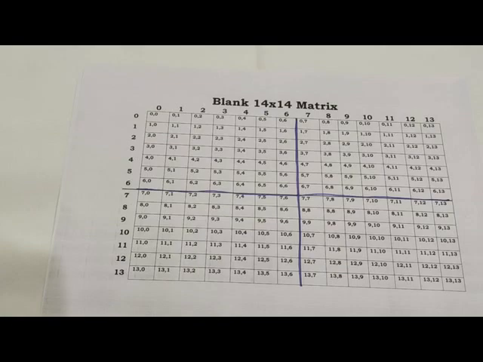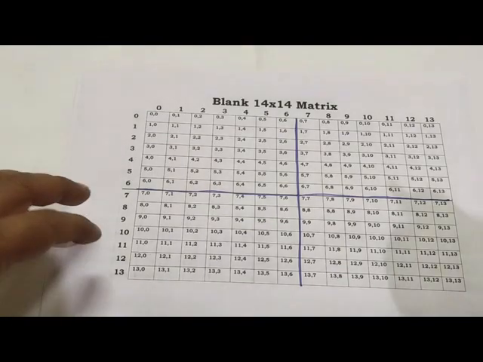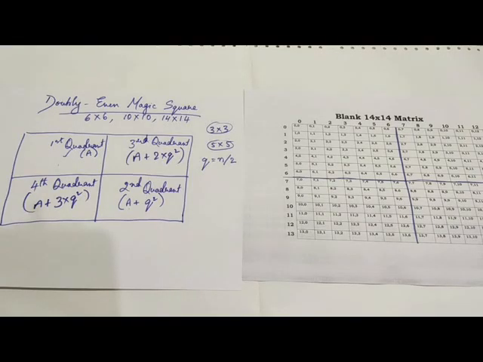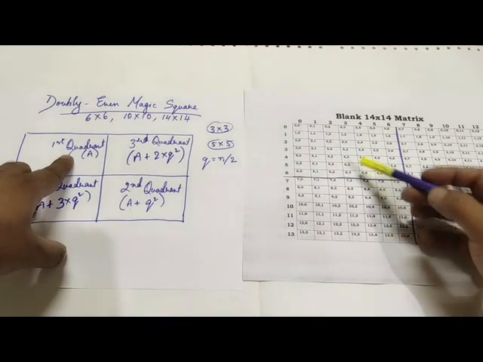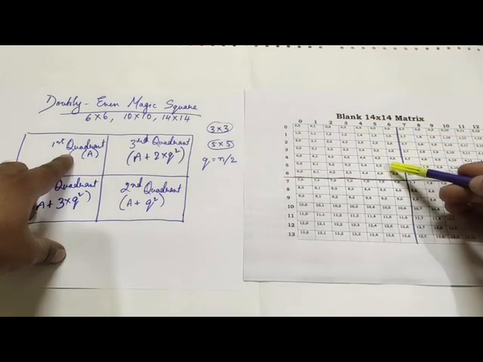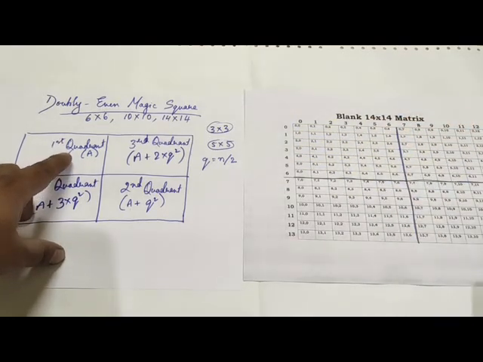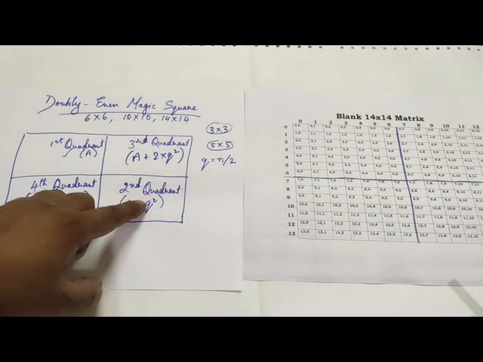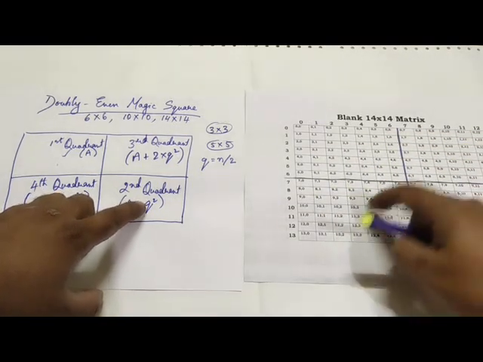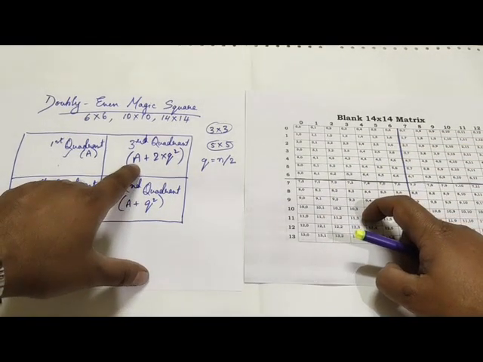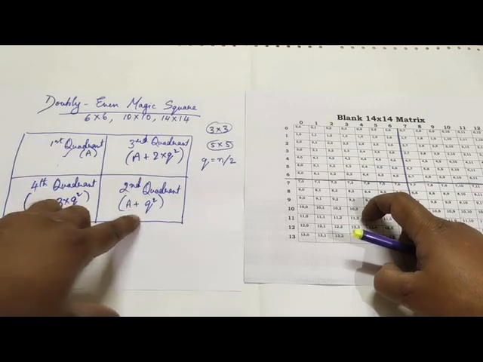Now after we divide it into 4 groups, for the first quadrant we generate a magic square of odd size. This part will remain the same, and the remaining quadrants, that is second, third and fourth, will follow the given formula which I have already discussed.